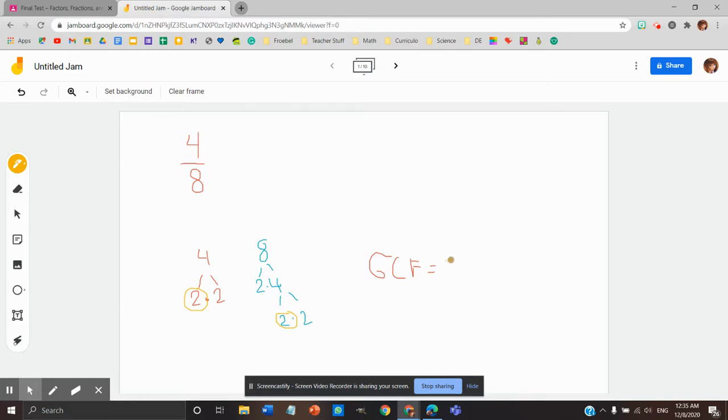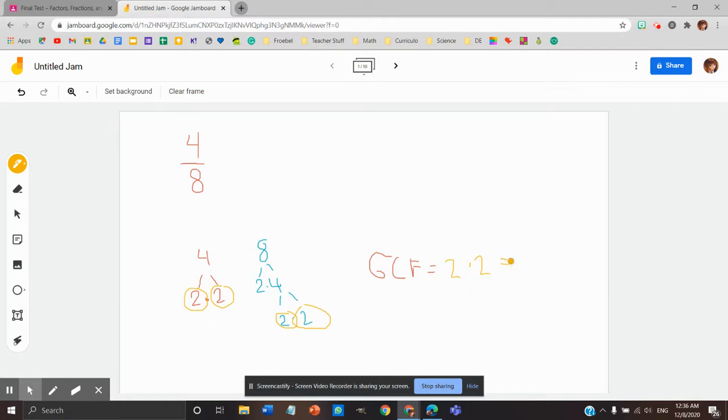So I'm going to write there a 2. They also have in common another 2. Now this number 8 has another 2 there, but I don't have another 2 to compare on my number 4. Therefore, I have to stop there.